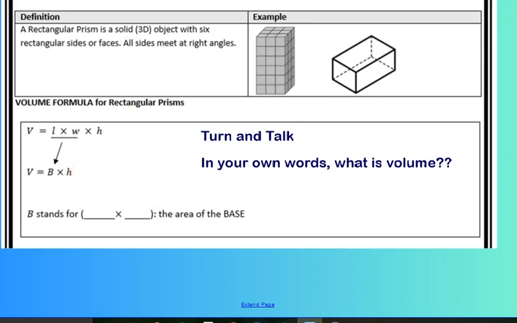So base is the same as length times width. Saying base times height is just a quicker way of saying it instead of saying all of the measurements. So if we look at this, it has a base of 1, 2, 3, 4, 5, 6, 7, 8, 9 cubes, and we can multiply that times the height to find its volume.